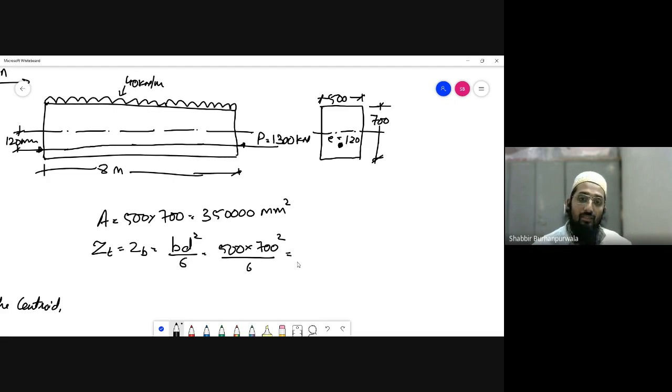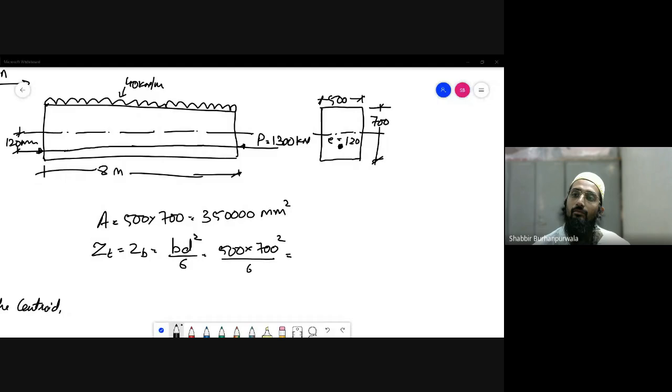Can you give me the answer? Faisal is saying 40.83 into 10 raised to 6.